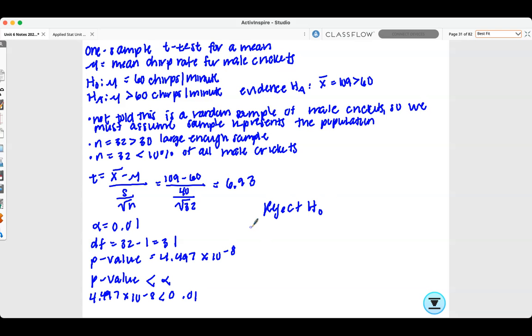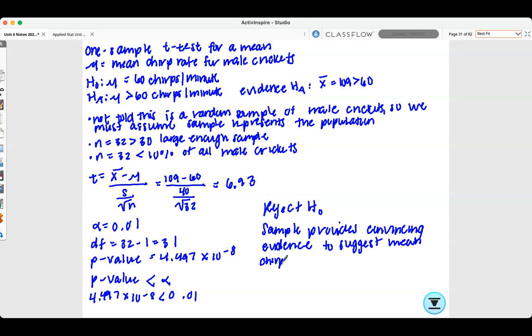Our sample provides convincing evidence to suggest the mean chirp rate for male crickets on a high-protein diet is greater than 60 chirps per minute.